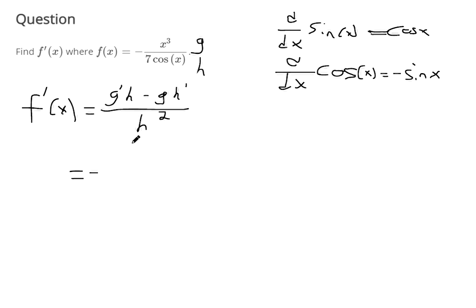And so the derivative of g, that's 3x squared, times h, that's 7 times cosine of x, subtracted by g, and then h prime, so it's the derivative of h.